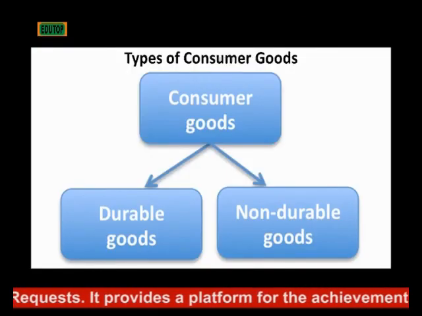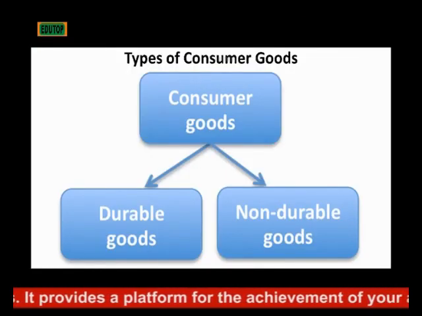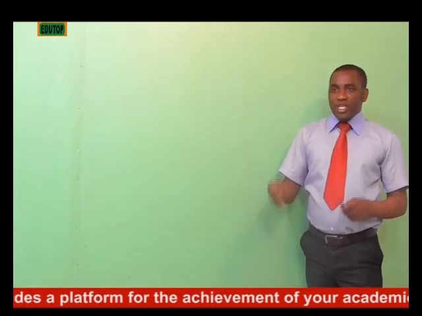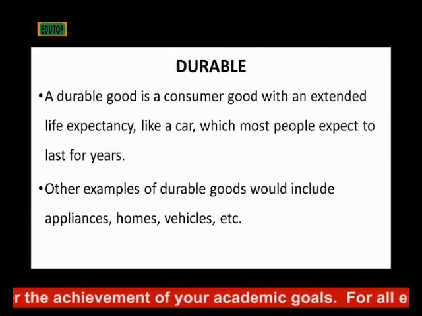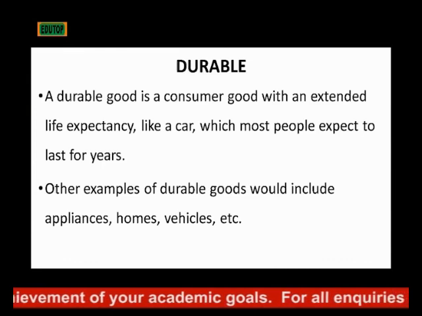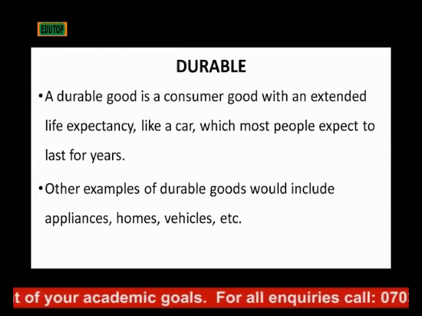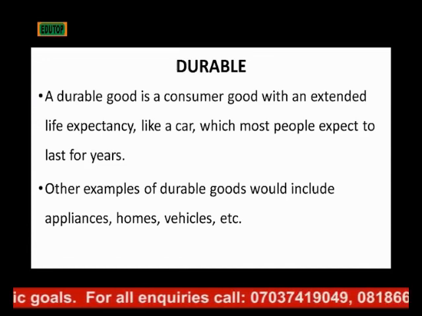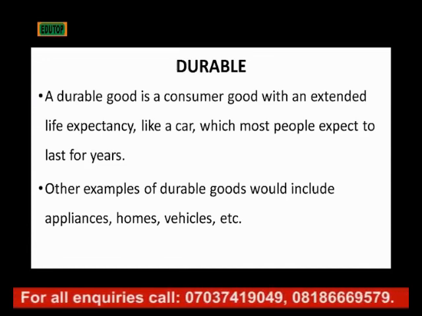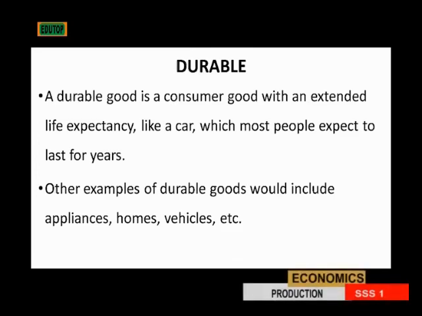We have durable goods, we have non-durable goods, as you can see from the picture. The durable goods of the consumer goods are the ones that can last longer, more than a particular period of time. They can last for an extended period of time, so much that they are not consumed immediately.